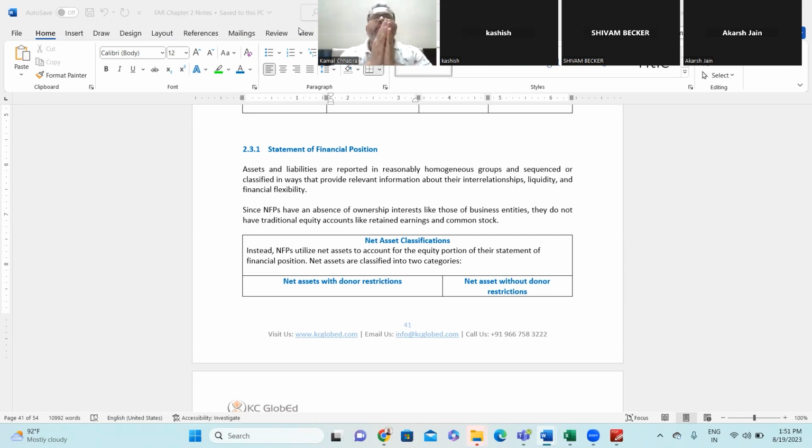So there are two types of restriction. One is use-based restriction. Second is time-based restriction. When I say use-based restriction, when you're donating the fund, you say this fund has to be utilized for this particular purpose. If you remember, during the COVID time, there was the PM COVID Care Fund established.